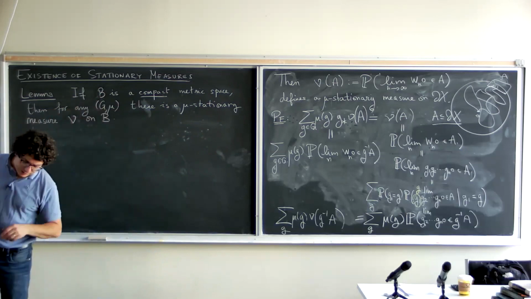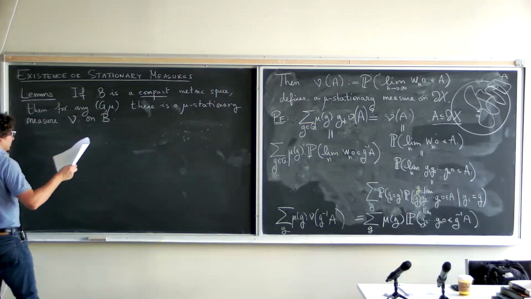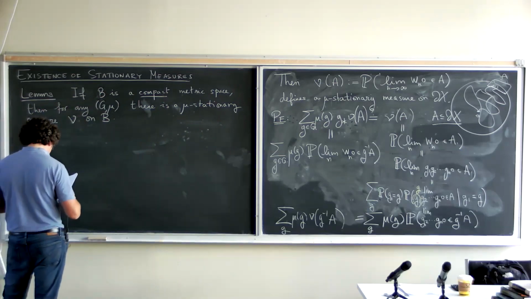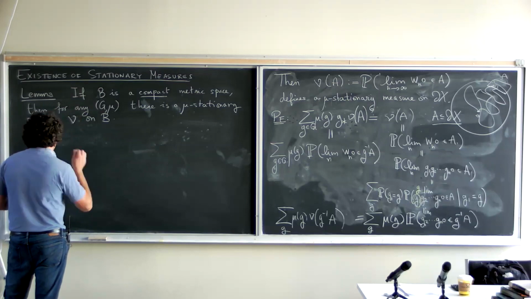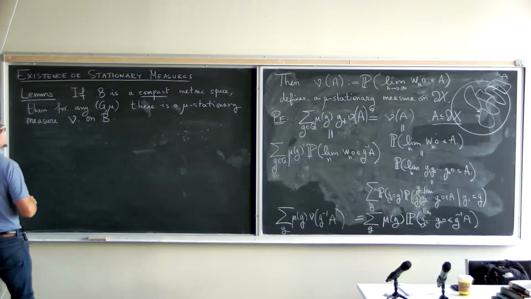In fact, in some other cases that I worked on, this compactness doesn't hold, so that creates more complicated things. But for the classical case, like the circle, for instance, this is basically a classic fixed point theorem.